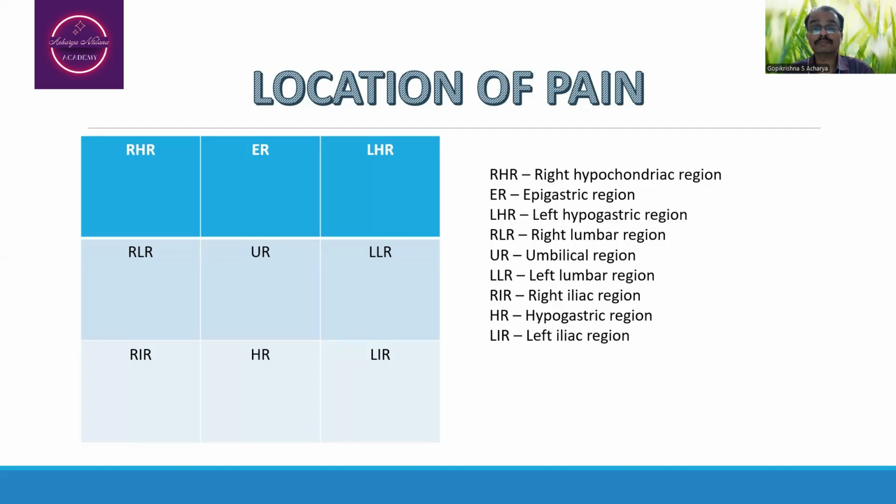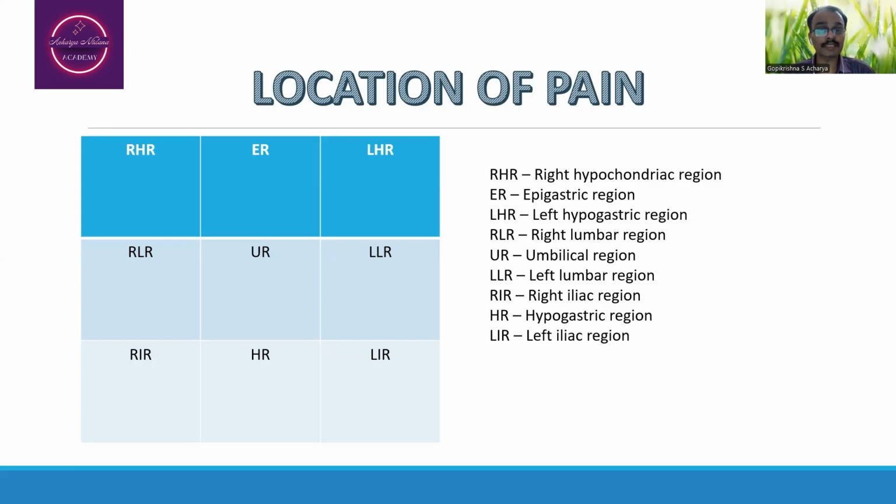The abdomen is arbitrarily divided into 9 regions, named right hypochondriac region, epigastric region, left hypochondriac region, right lumbar region, umbilical region, left lumbar region, right iliac fossa, then hypogastric region, then left iliac region. In that way, you need to identify which particular location the person is having the pain.